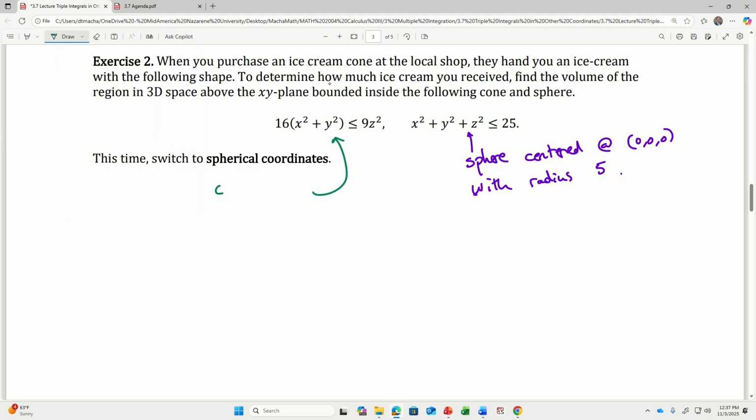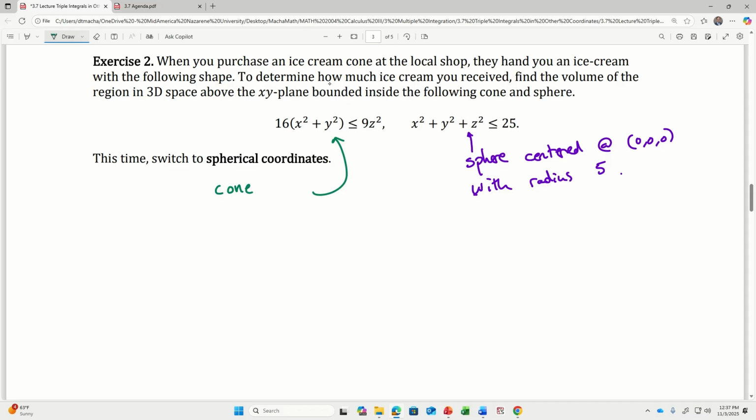This is a cone. And when x is 0 and y is 0, the boundary of this cone is at z equals 0. So it's also going to pass through the origin.